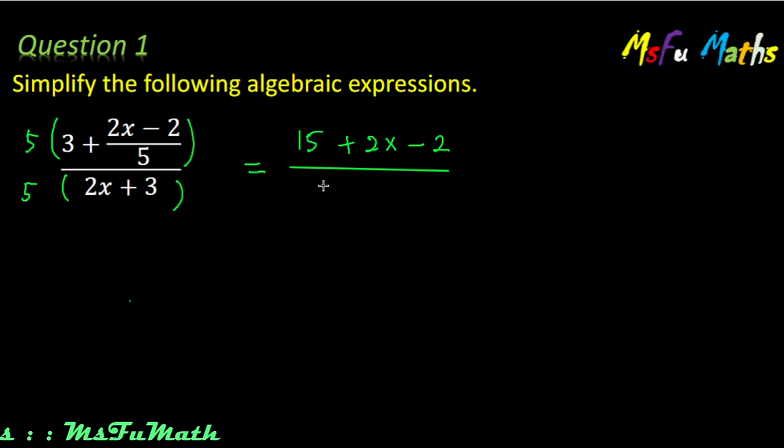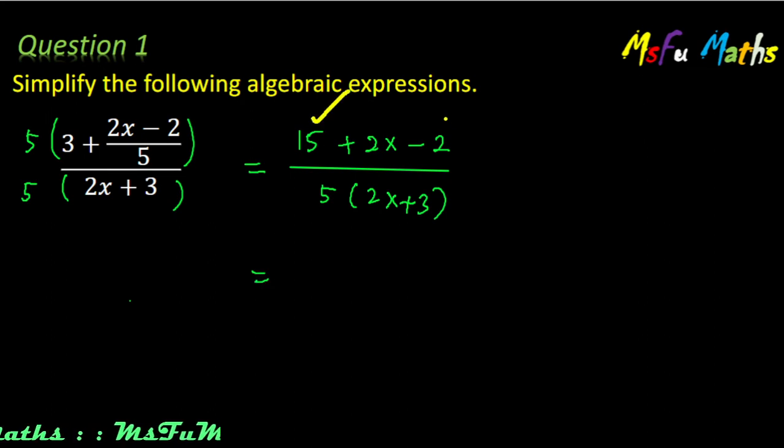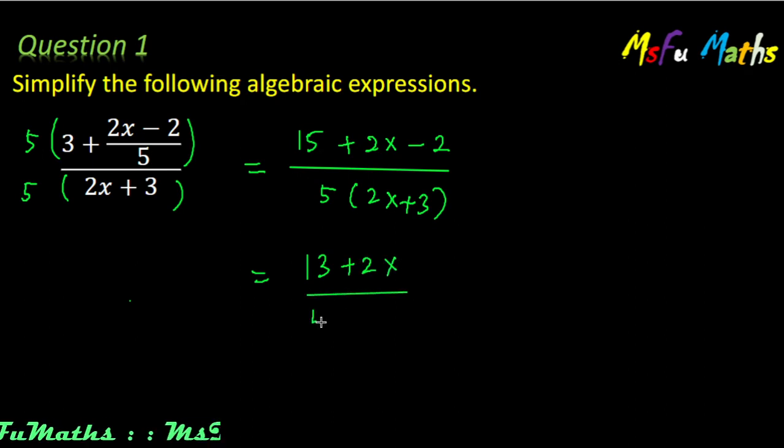Or maybe you can just leave it like this, 5 times 2x plus 3. After that, 15 minus 2 is 13. So we get 13 plus 2x over 5 bracket 2x plus 3. Done. Is that okay?